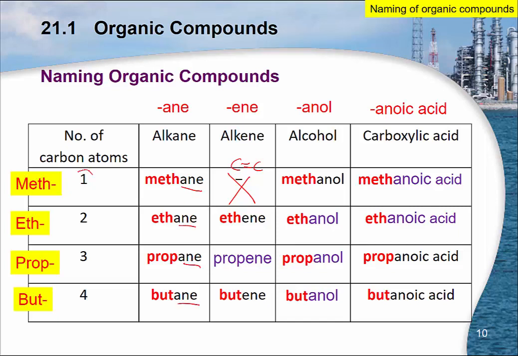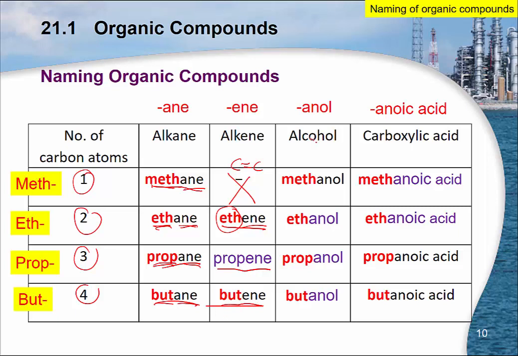When there's one carbon it is METH, two carbon is ETH, three carbon is PROP, and four carbon is BUT. So together you can call it methane, ethane, propane, and butane for the first four members of the alkane family. Now alkene needs to have at least two carbons, so it starts with ETH, two carbon, and the family name is ENE, so it's ethene, followed by propene, three carbon, butene, which is four carbon.